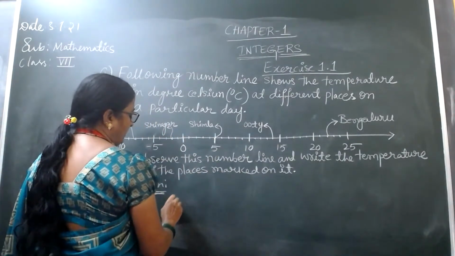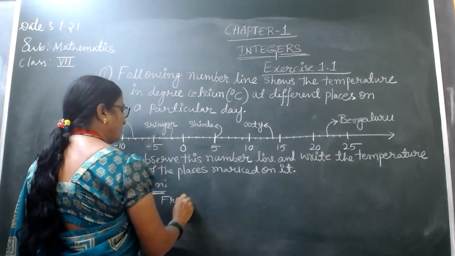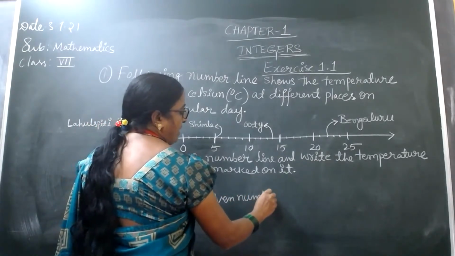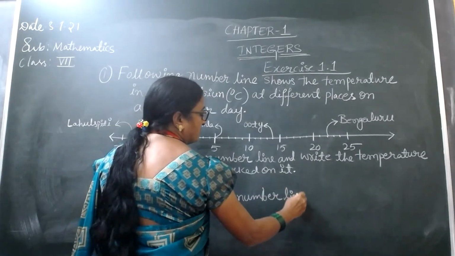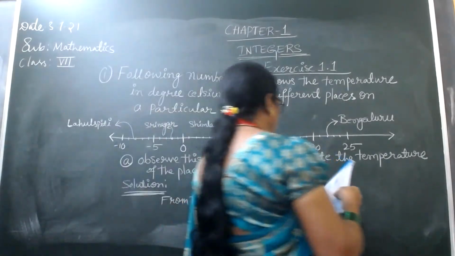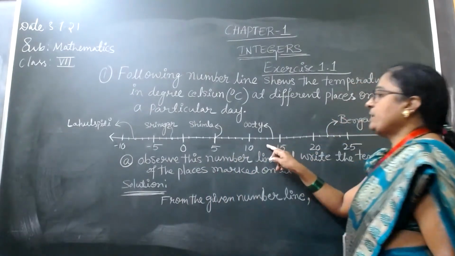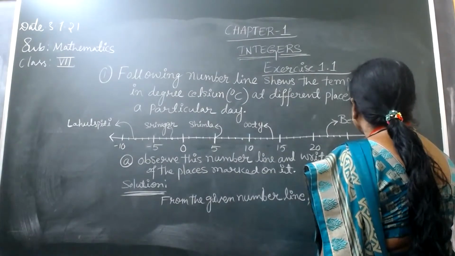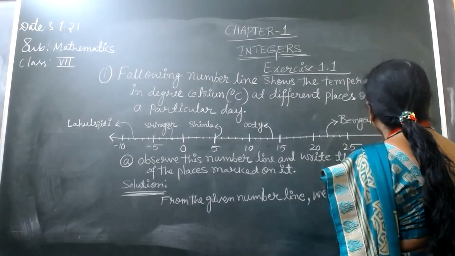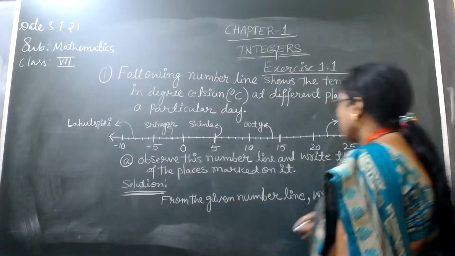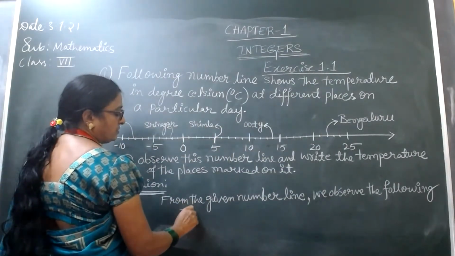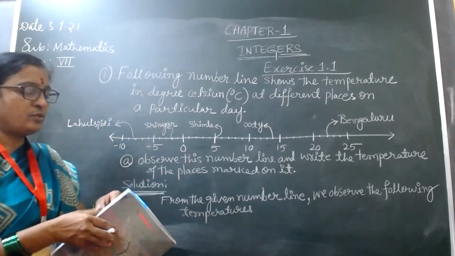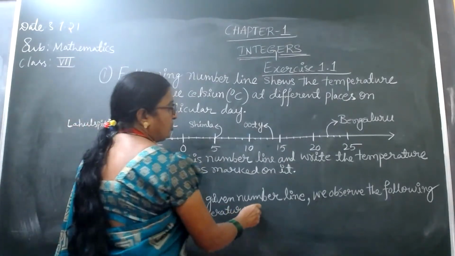From the given number line, we observe the following temperatures. What should you do, student?